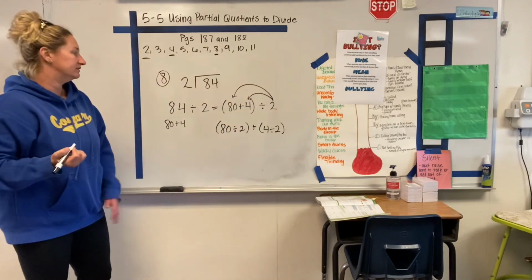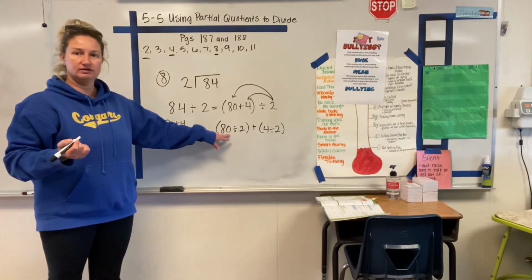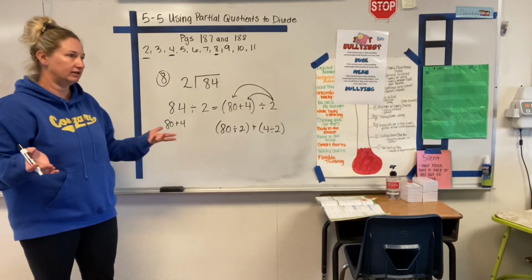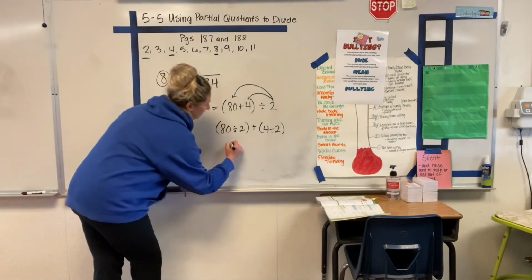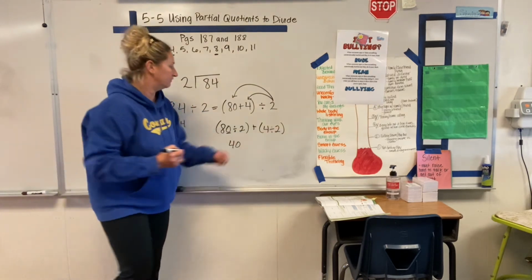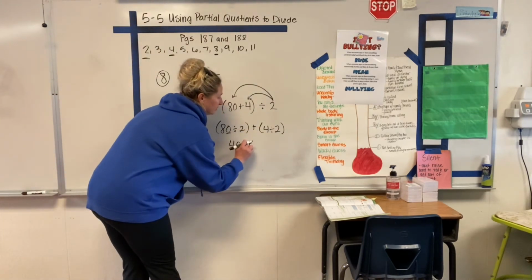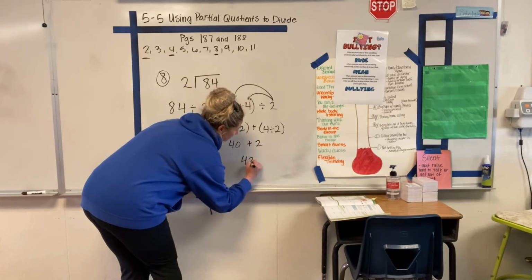Okay, so this I can just use my regular division with the 0 at the end shortcut. So 8 divided by 2 is 4 and a 0 because of that 0 there. Okay, and then 4 divided by 2, so plus, here's the plus. 4 divided by 2 is 2, so the total answer is 42.